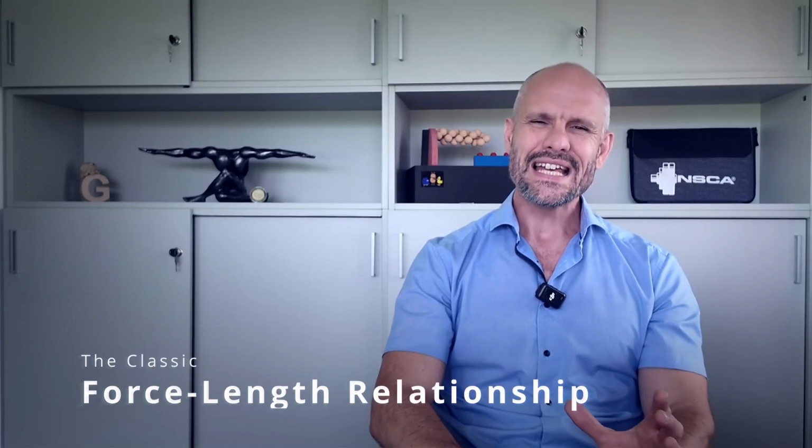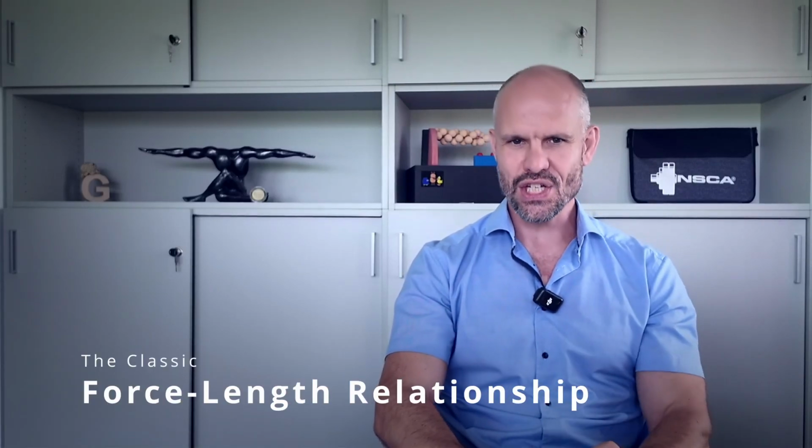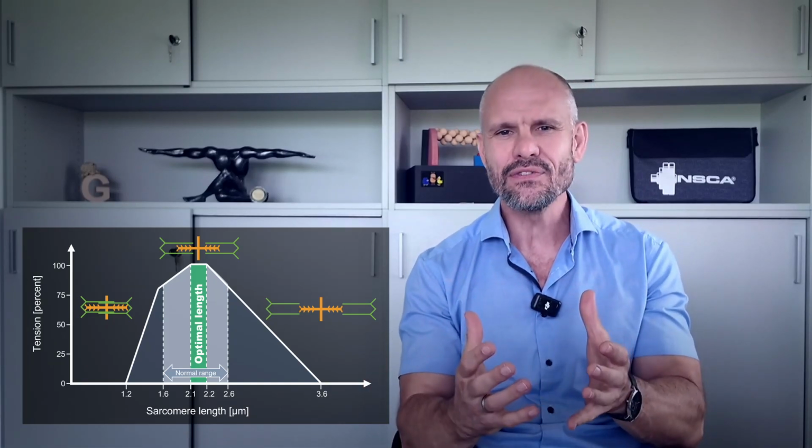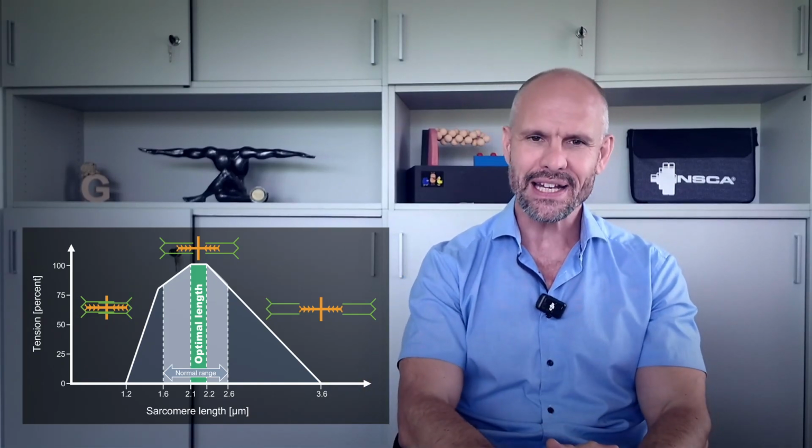Now let's talk about the classic force-length relationship. Sarcomere length directly affects force output. This fundamental principle was established through the pioneering work of Huxley and colleagues in 1966, who measured how varying sarcomere length alters the number of cross bridges that can form and thus the force a muscle fiber can produce. At very short lengths, the actin filaments overlap excessively, interfering with myosin binding.